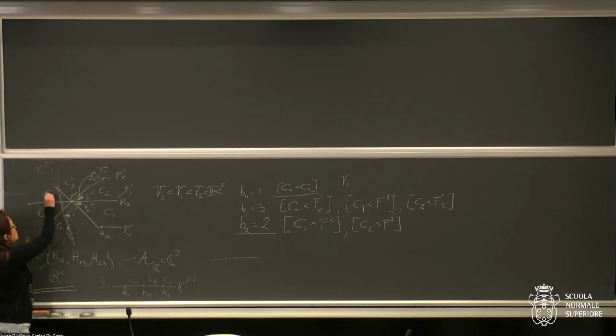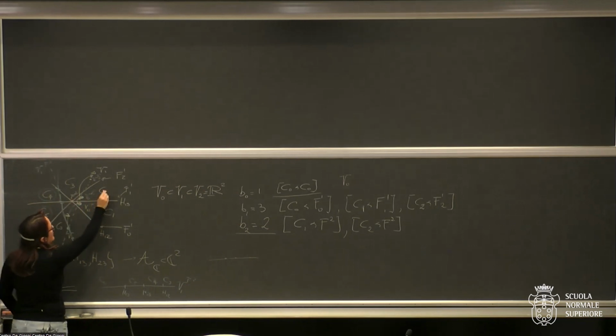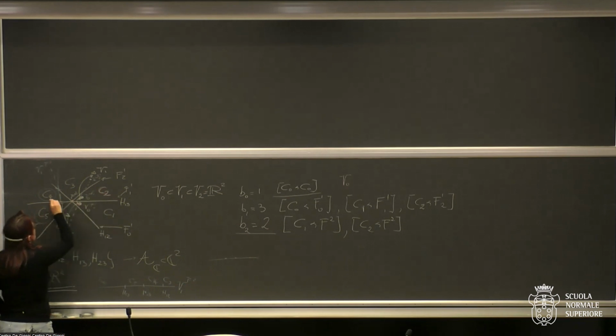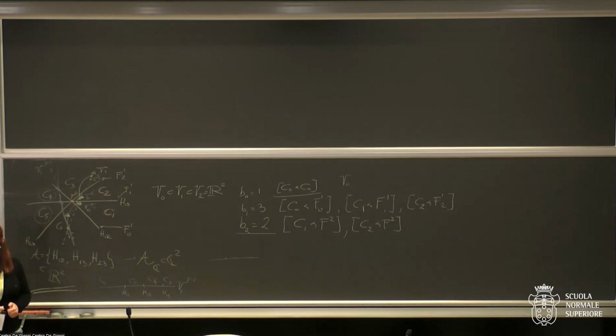So our bounded chambers are these two. We chart the opposite of these two with respect to F2. The opposite of C5 with respect to F2 is C2. The opposite of C4 is C1. So these are the critical ones.